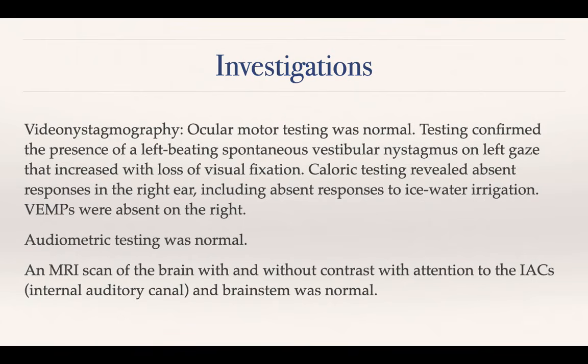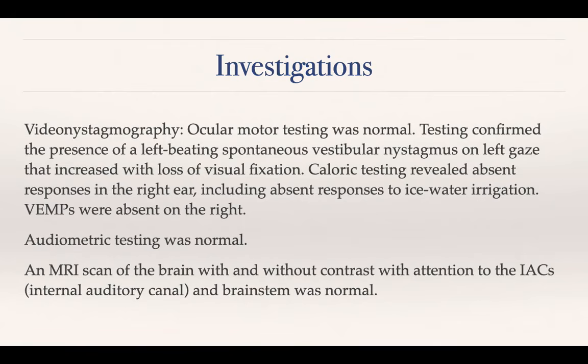It is very important to do a caloric test, at least on that one particular ear which you are suspecting. If the diagnosis is vestibular neuritis, the patient is not going to have the caloric testing related illness, the nausea, the vomiting, these kind of things that happen because of the caloric testing, because that ear is not responsive.